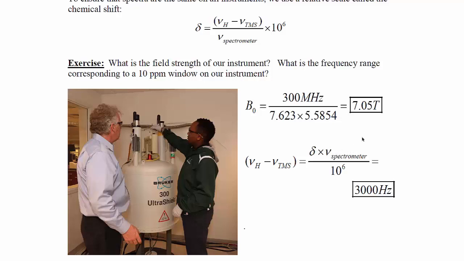So the 10 to the 6 cancels, and you get 300 times 10, or 3,000 hertz. So the width of a typical spectrum on our instrument is about 3,000 hertz. And so when you see splitting between peaks, like a typical triplet or doublet pattern, that's on the order of magnitude of hertz.